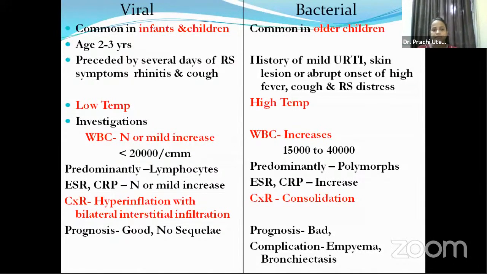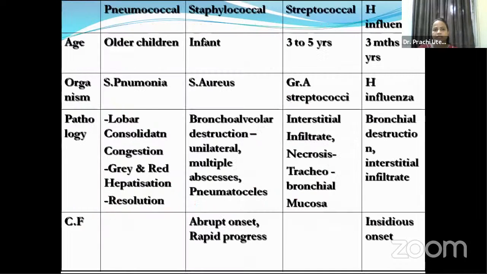On chest X-ray, you get a consolidation in the bacterial variety, and in the viral variety, you get hyperinflation with bilateral interstitial infiltration. With hyperinflation of the chest, you can see a flat diaphragm, and in the interstitial pattern, opacity at the periphery of the lung. Prognosis is good in the viral variety, and in the bacterial one, there are usually complications like empyema or bronchiectasis.